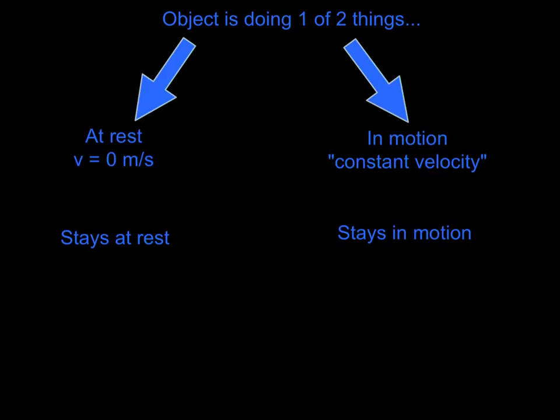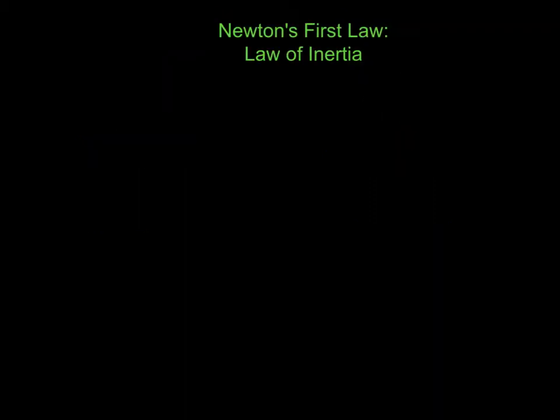Next, we'll write those out in phrases, and we'll add a little bit more to that. So we'll have the full version of Newton's first law. Newton's first law is called the law of inertia, and it has 3 parts. Part 1. An object at rest will stay at rest.